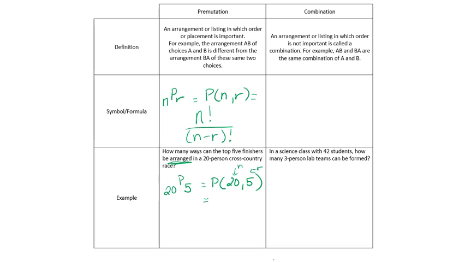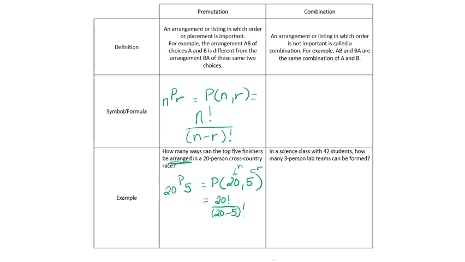The number of things you chose should always be equal to or less than the total number of things you have. So n factorial, so 20 factorial, is 20 times 19 times 18 times 17 times 16 times 15 times 14, all the way down till we get to 1, over 20 minus r, which is the 5 people we're taking at a time, factorial.